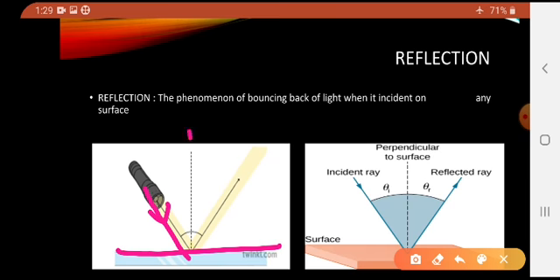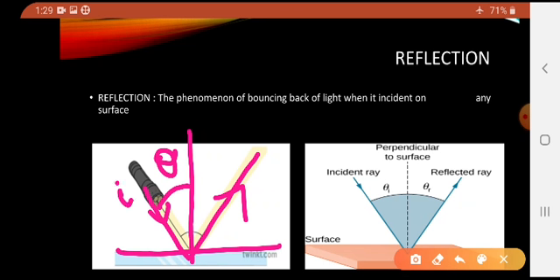This is the surface, this is the normal, and this is the reflected ray. The angle between the incident ray and the normal is called the incident angle, consider it as theta 1. The angle between the reflected ray and the normal is called the reflected angle, taken as theta 2.